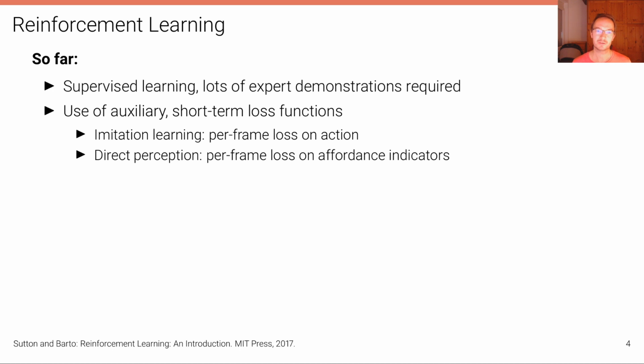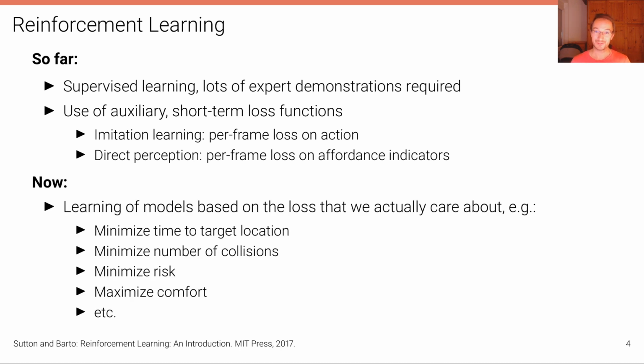They are auxiliary loss functions. They just tell us we want to be close to the expert, and they have a very short-term effect. For example, in imitation learning, we have a per frame loss on the action. We don't look into the future. We don't anticipate what happens in the future. Only implicitly we do that by trying to mimic the expert. And also in direct perception, we've seen that we put per frame loss functions on the affordance indicators.